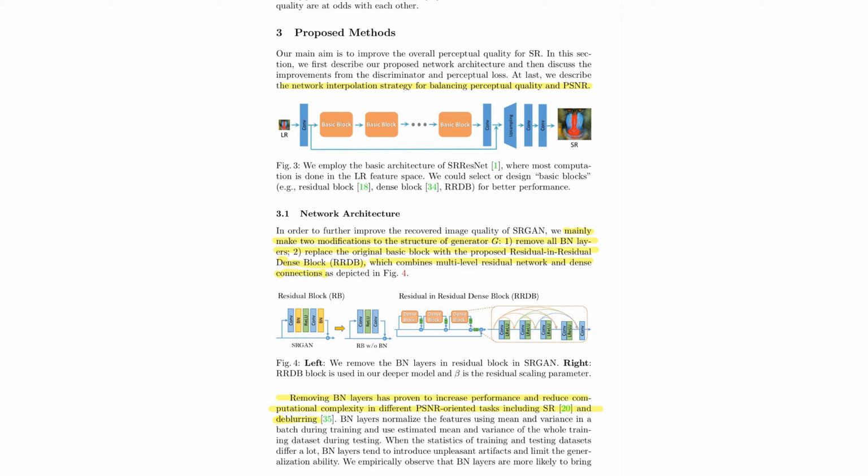ESRGAN employs a more advanced design known as the residual-in-residual dense block, RRDB, for its generator. Instead of the standard residual blocks used in SRGAN, ESRGAN's RRDB comprises multiple dense connections. Additionally, the batch normalization layers present in SRGAN are entirely omitted in ESRGAN. This allows the network to learn a broader range of features and maintain the richness of information.